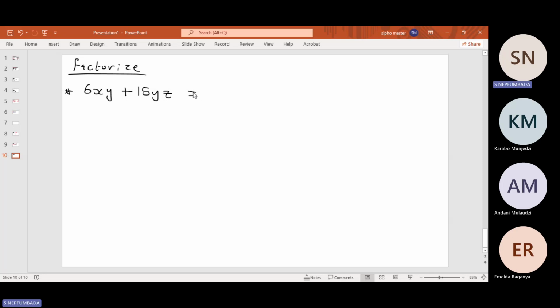So when we factorize this, we find the number that can go into 6 and 15, which is 3. And the y is on both sides. So it means we're going to be left with what? 3, it goes how many times into 6? 2 times. y and y cancel. Then we're left with x. Then plus that one, it goes how many times into that one? It goes 5 times. And the y cancels, we're left with z. Then you're done.